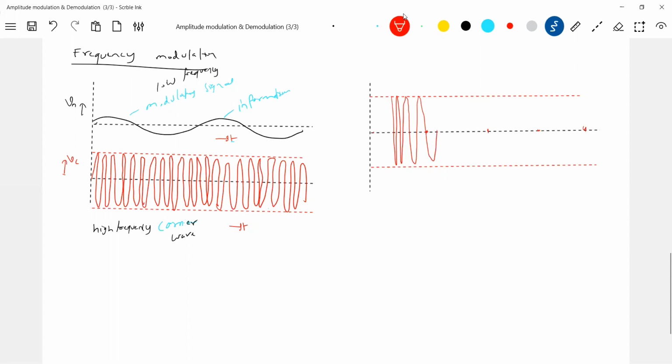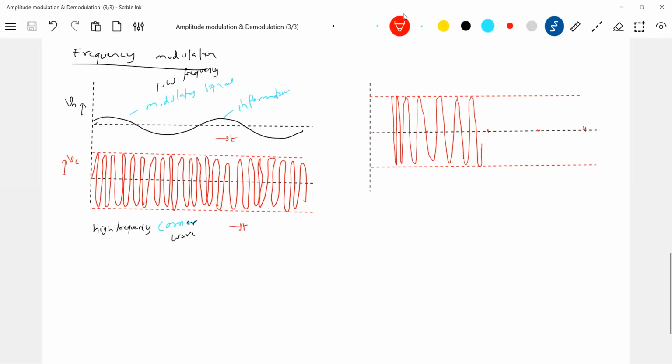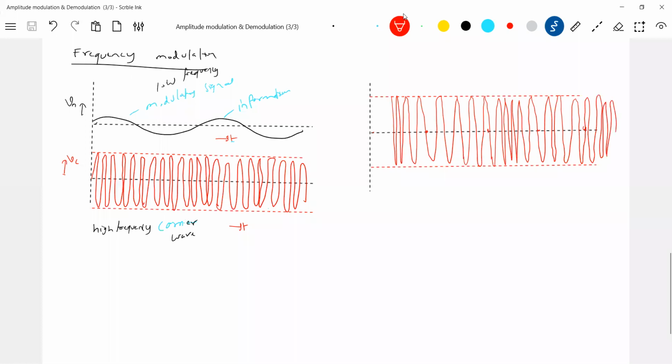The negative half of the cycle, no? So the negative half of the cycle will be like this. No, look at this.